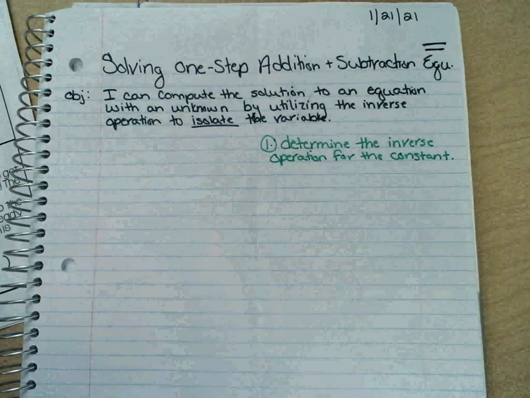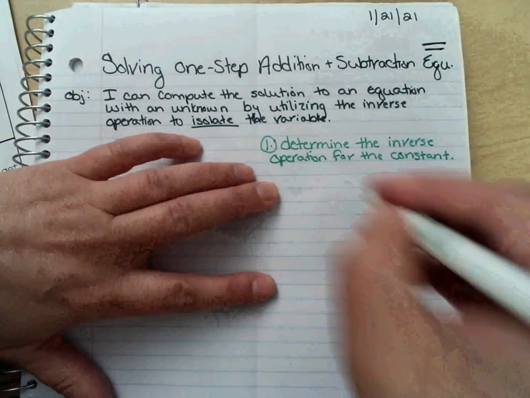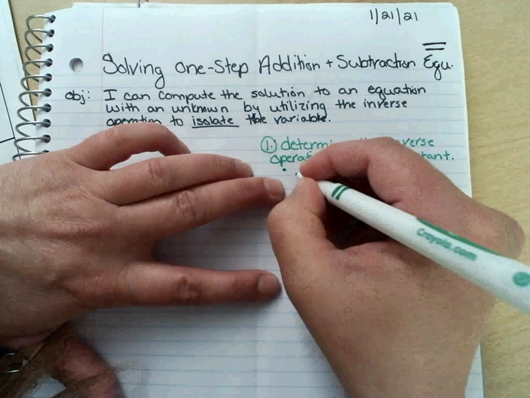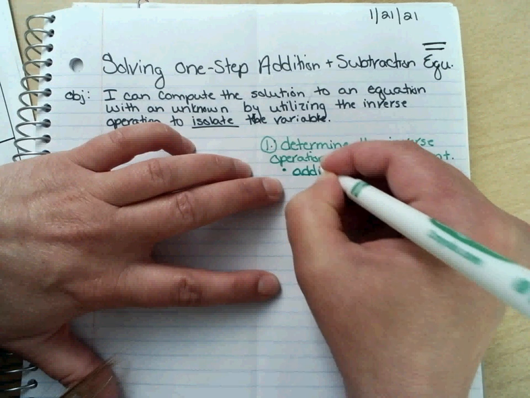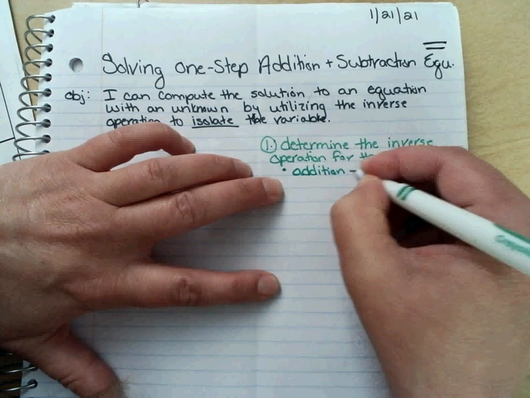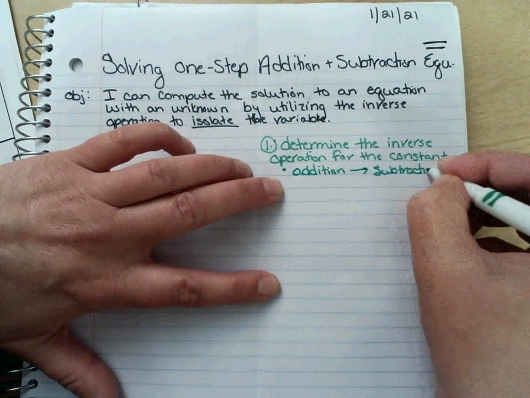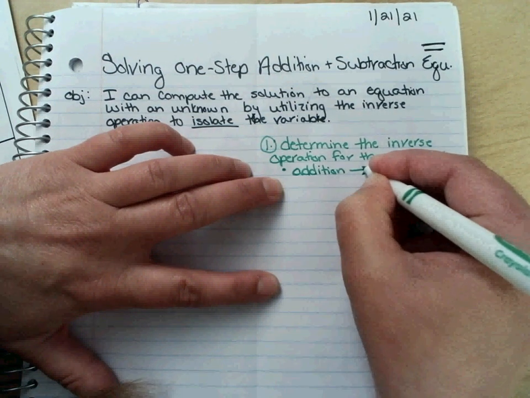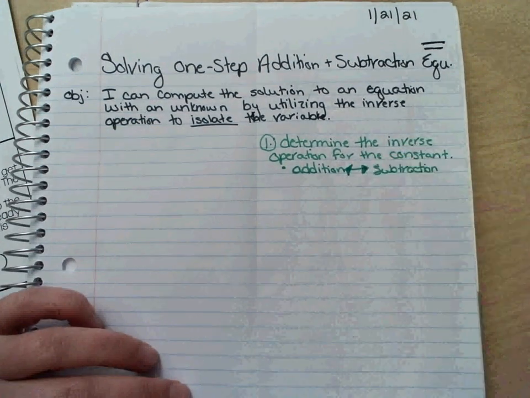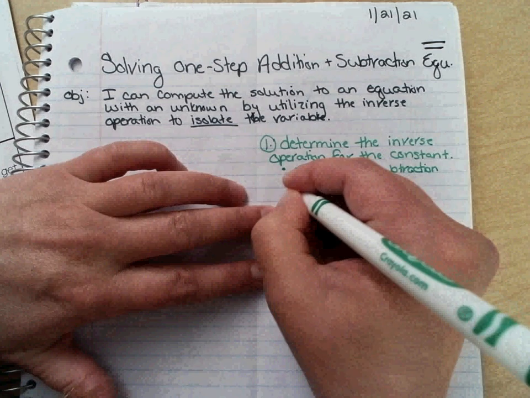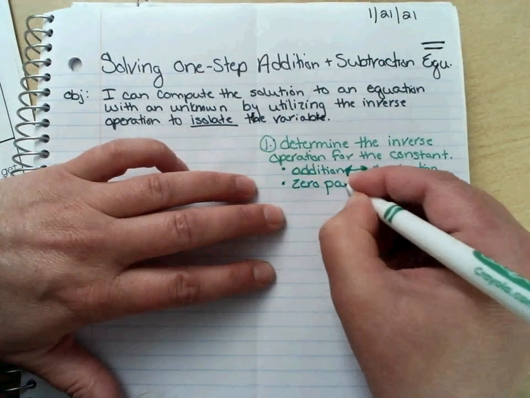So the term that is defined as the constant, we're going to determine the inverse operation for the constant. So remember, if you have addition, the inverse would be subtraction. And vice versa. If you have subtraction, the inverse would be addition. Okay? This essentially creates a zero pair.